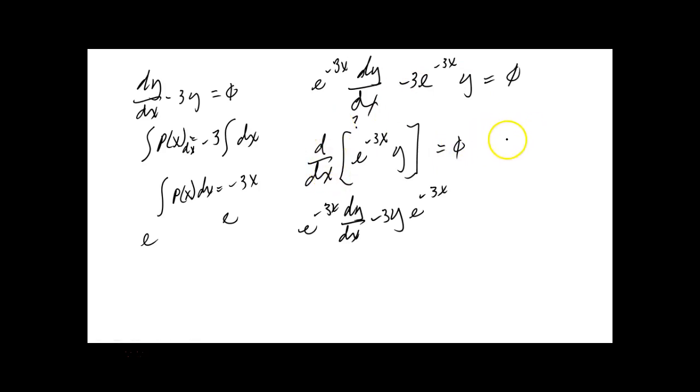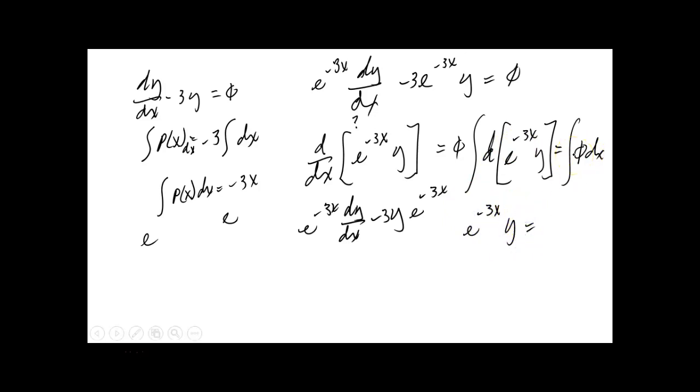Then we can say d of this part, e to the minus 3xy, is equal to 0 dx, okay? And we're going to integrate both sides of that. Well, the integral of a perfect derivative, this is the fundamental theorem of calculus part 1, I believe, is just this, e to the minus 3xy.